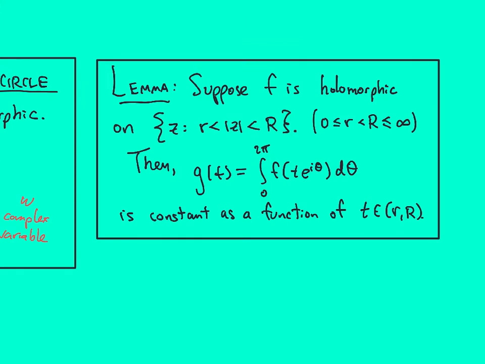So this first lemma says that we have a holomorphic function on this annulus, so this is just points in the plane in between with modulus between little r and big R. And if we define these integrals depending on the radius, so here t will be between little r and big R, and I'm integrating f around a whole circle, then this turns out to be constant as a function of t.